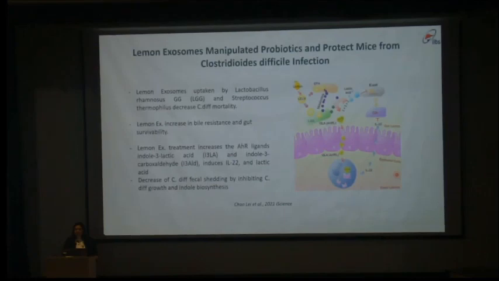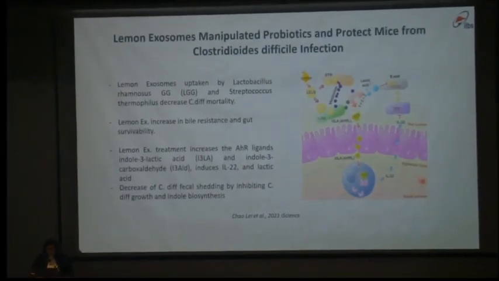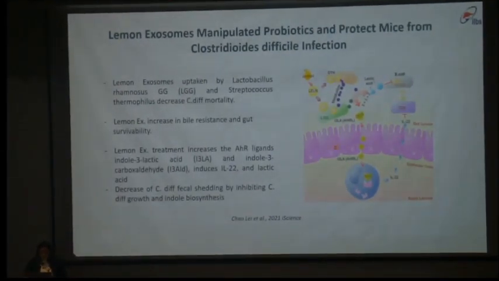So this is another paper, on lemon exosomes, where they found out that it's not only ginger, it's the lemon which has also been taken up by Lactobacillus rhamnosus GG and others, in C. diff mortality. And these lemon exosomes increased the bile resistance and gut survivability.